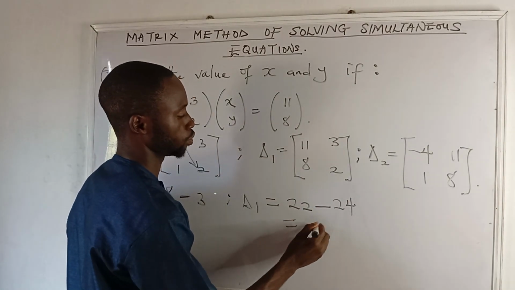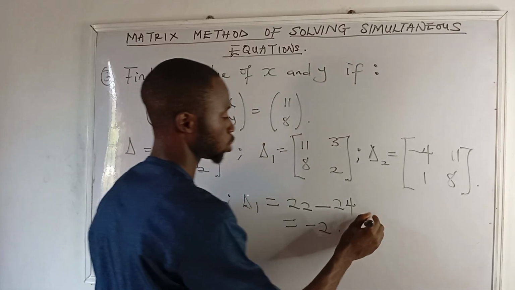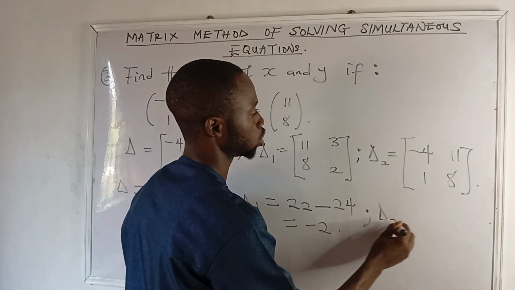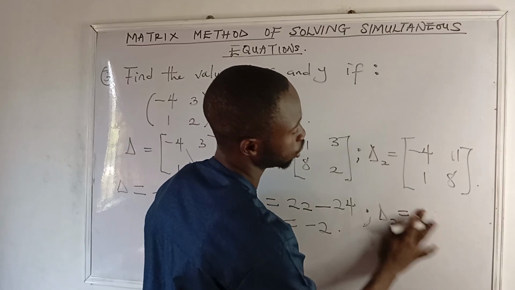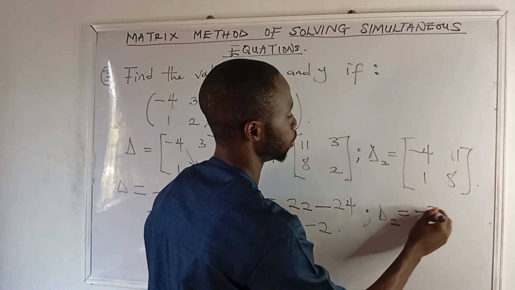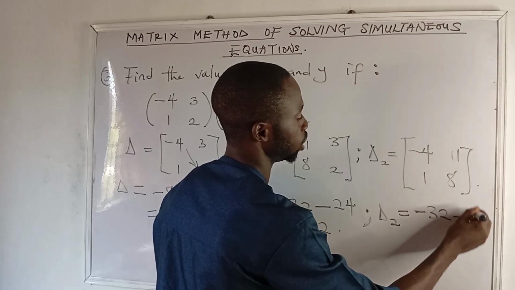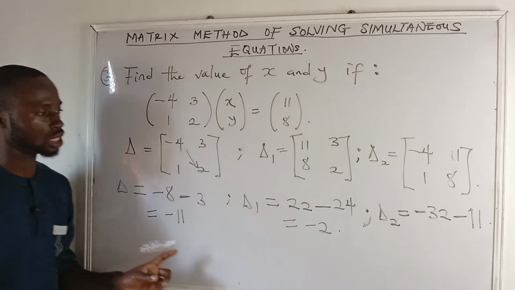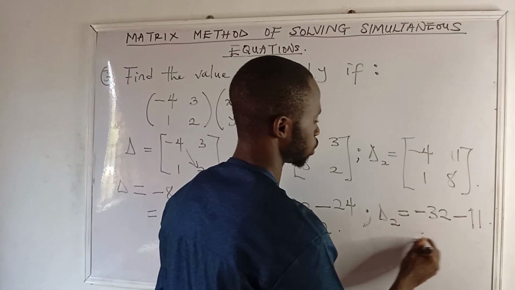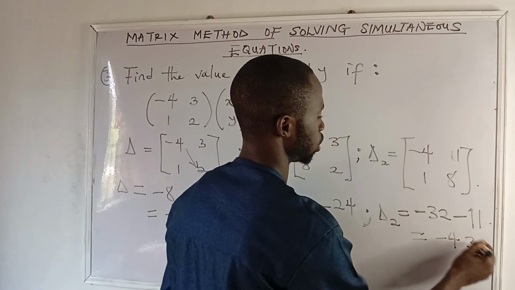Then this will give us what? Minus 2 as our answer. Then we have the last one, delta 2. Delta 2 gives us what? Minus 4 times 8 is minus 32 because of the minus. Minus 32 minus 1 times 11 is what? 11. So the answer to this should give us minus 32 minus 11, that's minus 43.